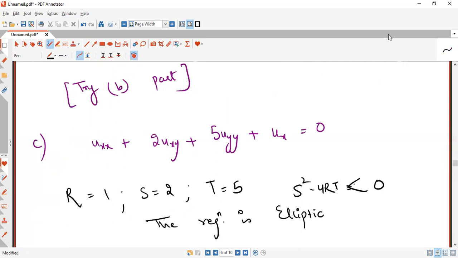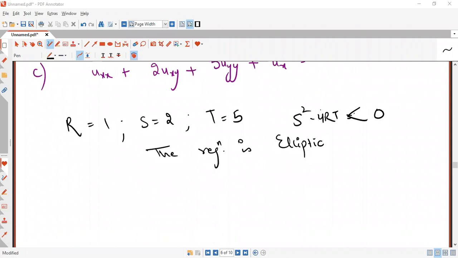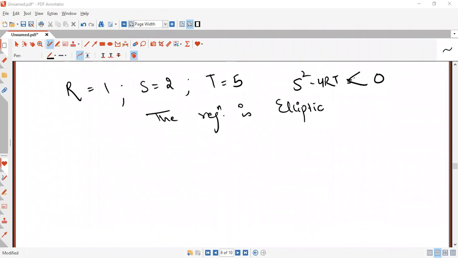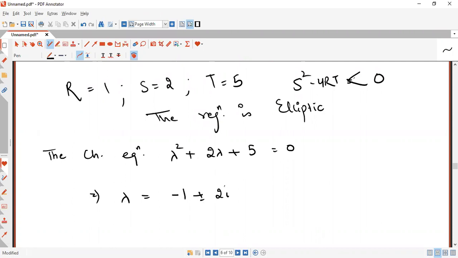Find out the characteristic equation. So what will it become? Lambda square plus 2 lambda plus 5. Find out the solution: minus b plus minus root b square minus 4ac upon 2a. I'm not solving it here, I'm just telling you that this is the answer you will get when you find the value of lambda.